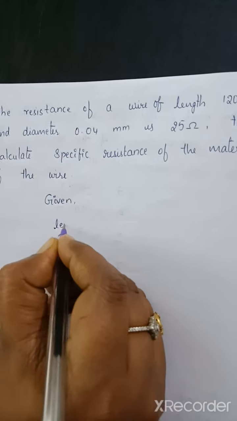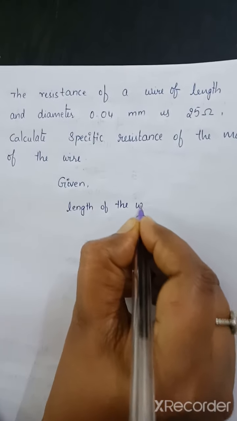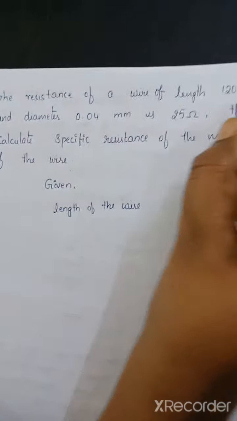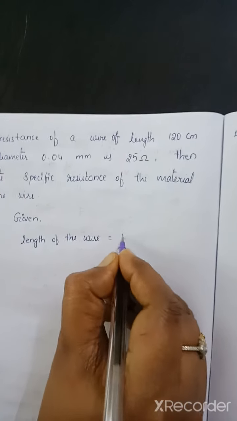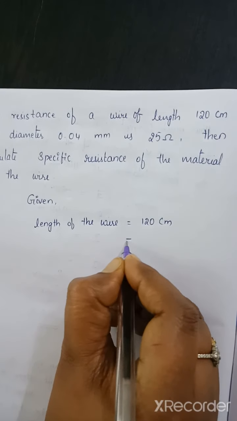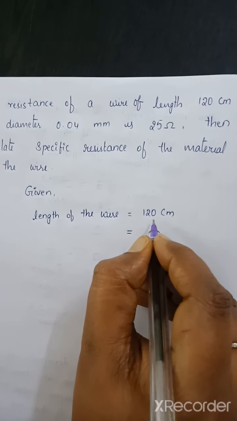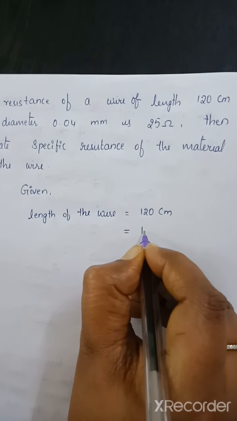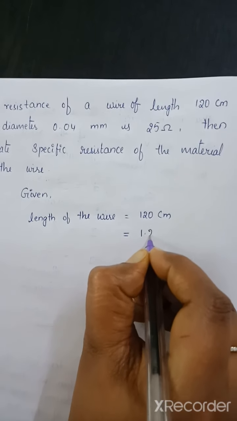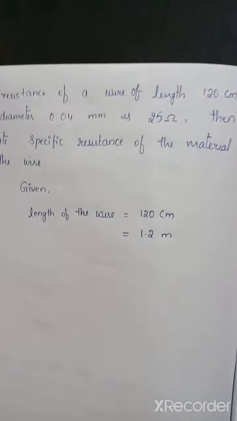Length of the wire, for how much they have given? 120 centimeters. Convert centimeters into meters, that is 120 by 100, we will get 1.20 or simply you can write 1.2 meters.